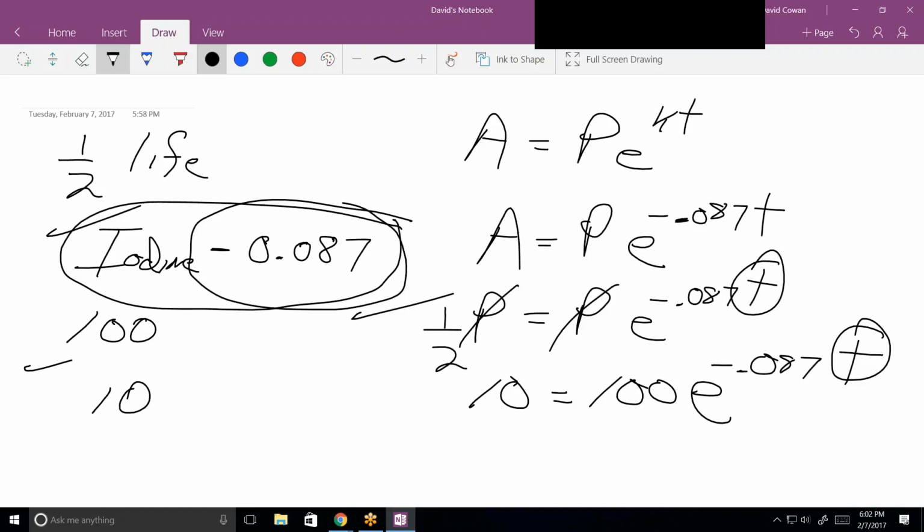And both methods are going to require you to take the natural log of both sides. The second one, the very first thing I have to do is this. Now you take the natural log of both sides, divide by that coefficient, and you solve for t.